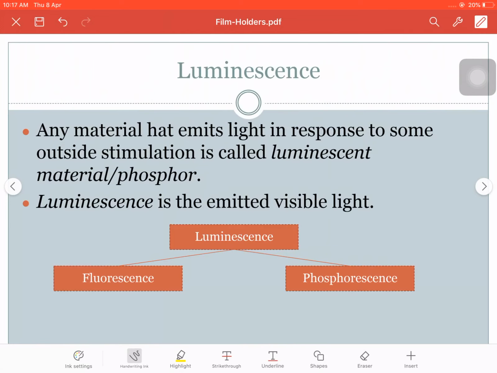We have two types of luminescence. First is fluorescence, where visible light is emitted only while the phosphor is stimulated. Next is phosphorescence, or what we call afterglow, where the phosphor continues to emit light even after stimulation. And I said earlier that the phosphor should have a minimal afterglow.